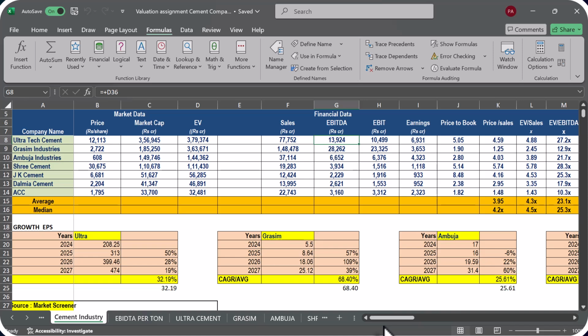The real profit of the company is not the net profit, it is EBIT. And then if we add depreciation and amortization, it becomes EBITDA. So EBIT is the operating profit of the company, obtained after taking out depreciation and amortization.